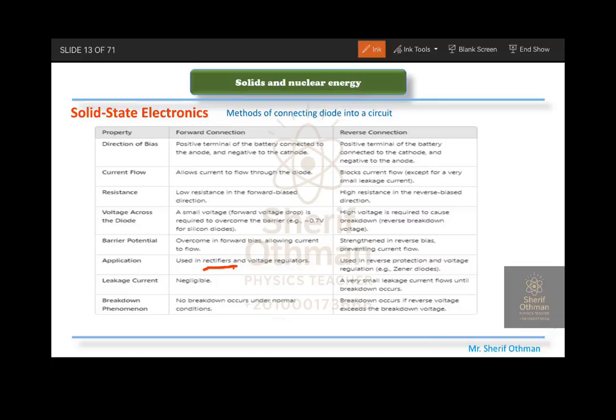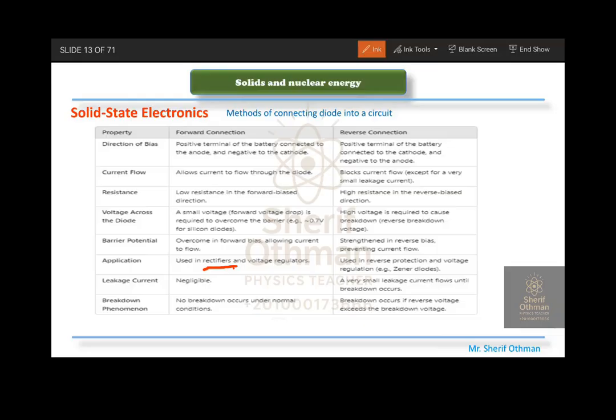Breakdown phenomenon: breakdown occurs if the reverse voltage exceeds the breakdown voltage. If the voltage is very high and more than the breakdown voltage, let's say we are going to use a diode of 12 volts, so it's going to hold 12 volts or 15 volts.